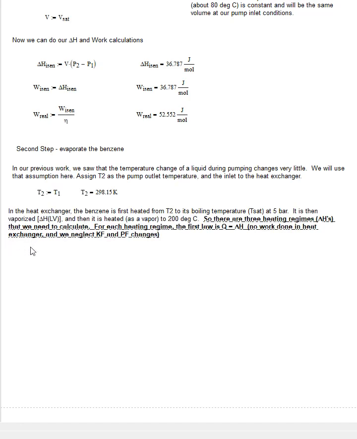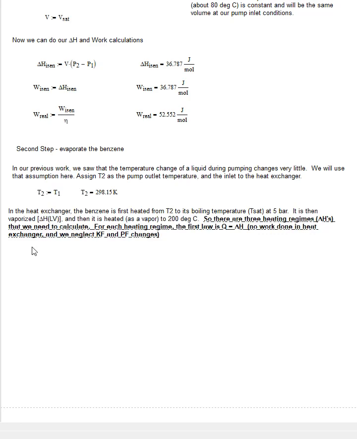This is a real critical part of this problem: to realize that you have to calculate the heat transfer for three different steps. The first step is heating the subcooled liquid to a saturated liquid. Second step is the vaporization at the saturation temperature.